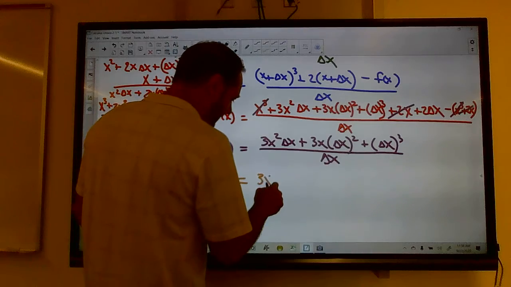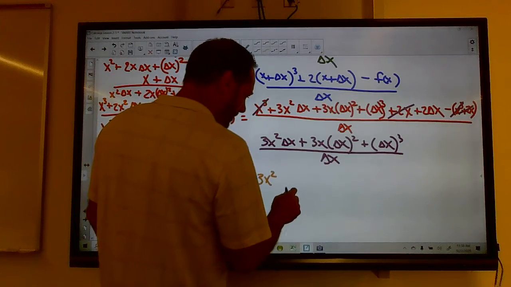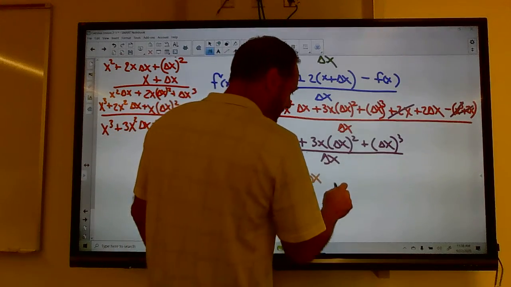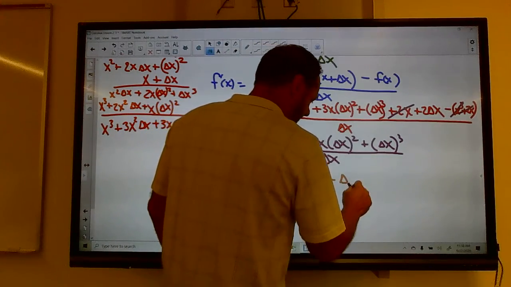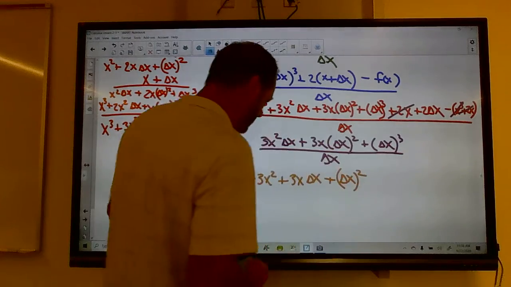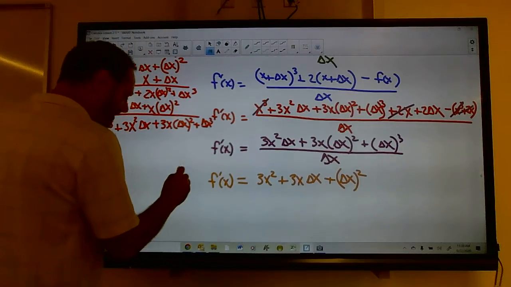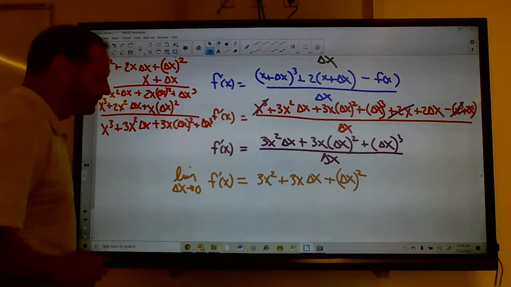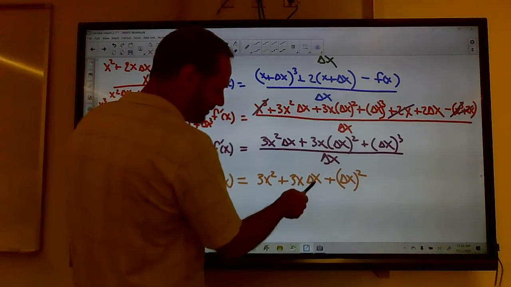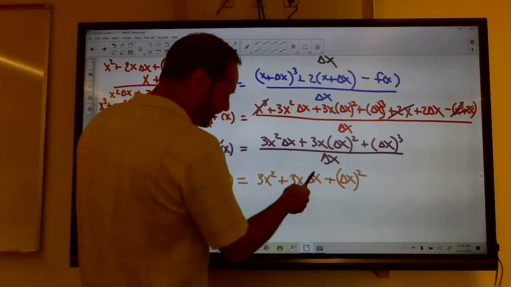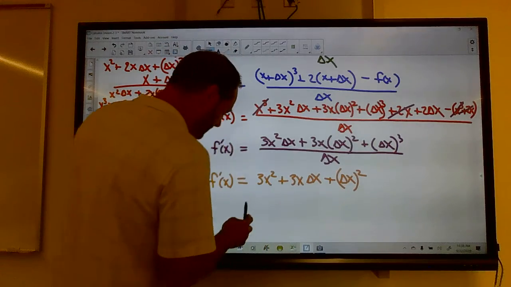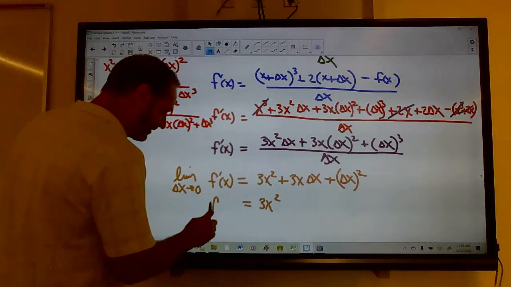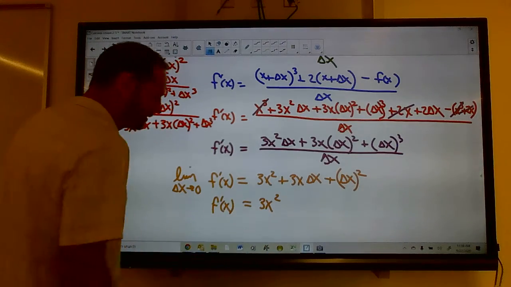So this is 3x squared plus 3x delta x plus delta x squared. Now, remember, I'm going to take the limit as delta x goes to 0. So if this goes to 0, this is all 0. This is certainly 0. So I'm left with 3x squared. That is my derivative, 3x squared.